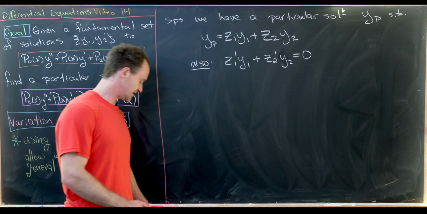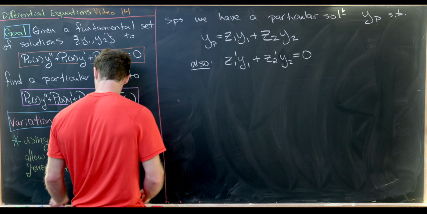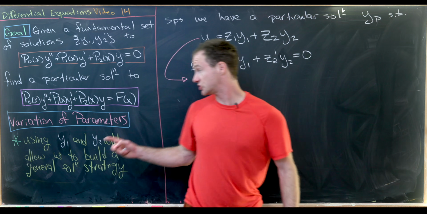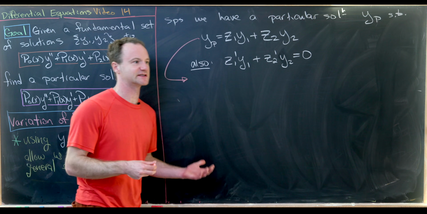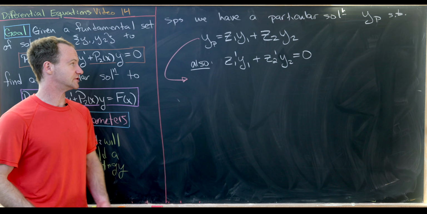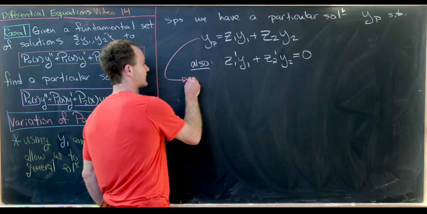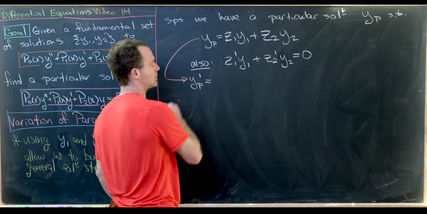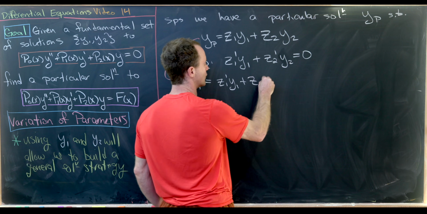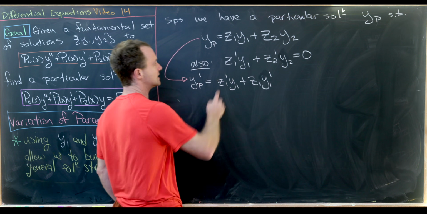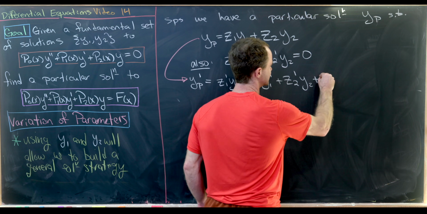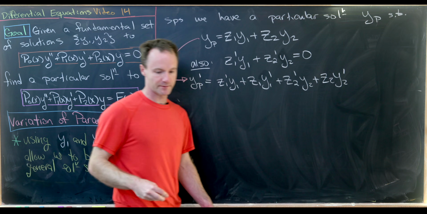Now that we've got this written down, let's go ahead and take some derivatives. We want to take some derivatives of yp and plug it into our purple boxed equation because we're assuming that it's a solution to that. And what we want to do is build some conditions on z1 and z2. So let's take the first derivative, yp prime. We'll have to use the product rule here. So we have z1 prime y1 plus z1 y1 prime from the first term, and then z2 prime y2 plus z2 times y2 prime.